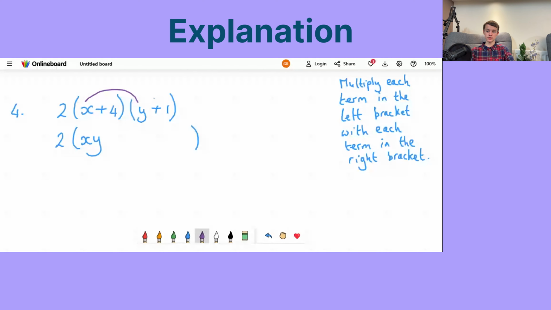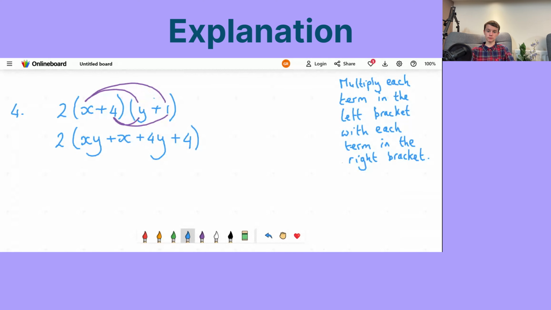Then the x times the plus 1 is plus x. And then it's the plus 4 times the y, plus 4y. Then it's a plus 4 times a plus 1, plus 4.